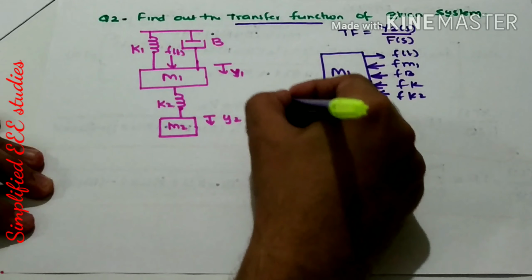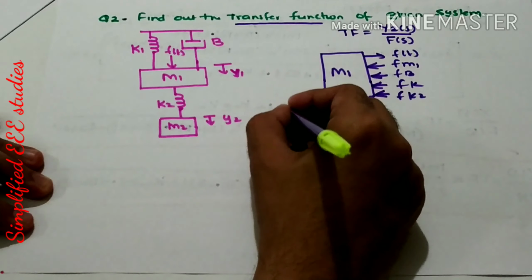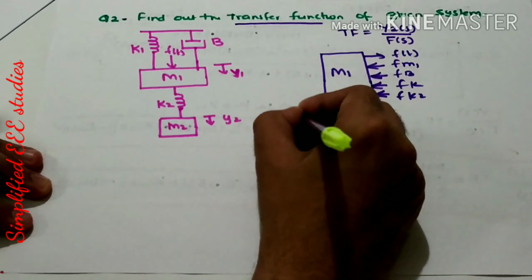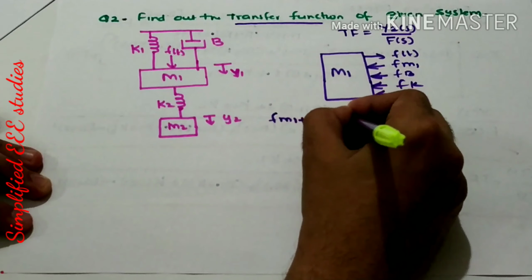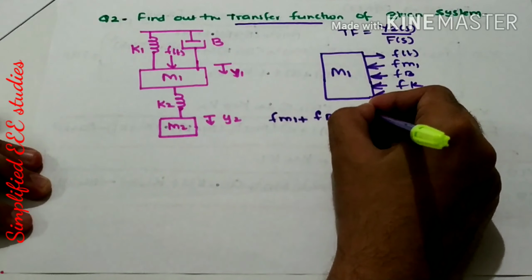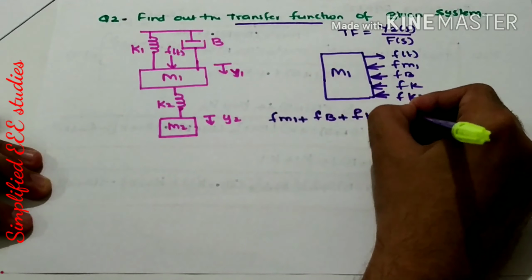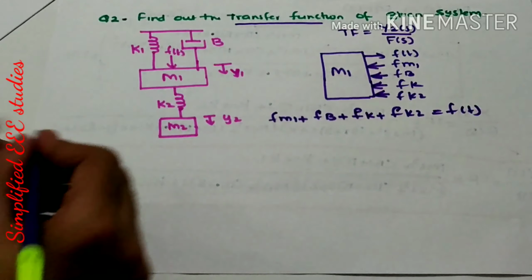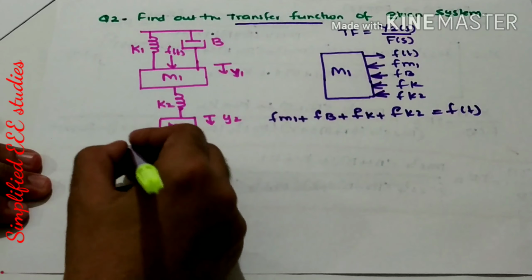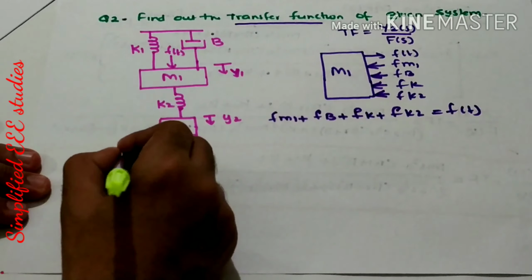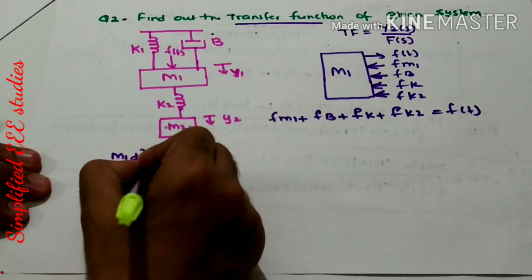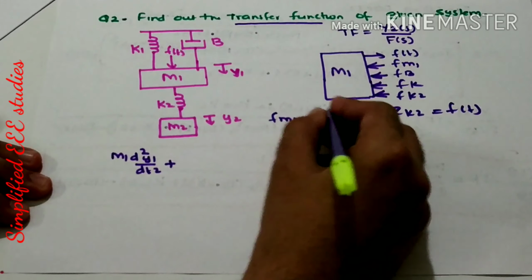Now you can apply D'Alembert's principle. Then we can write the equation in this manner: Fm1 + Fb + Fk + Fk2 = F(t). Then please write the corresponding equations. Fm1 means m1 d²y1/dt², correct?